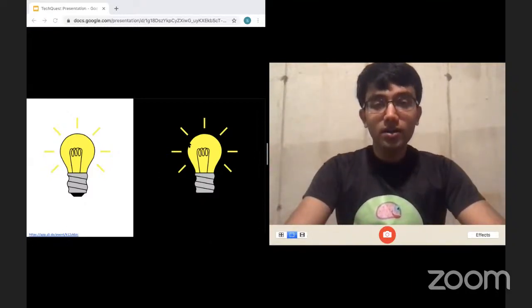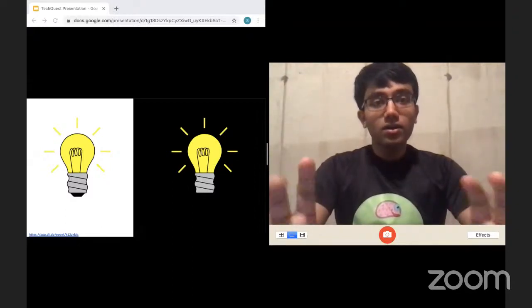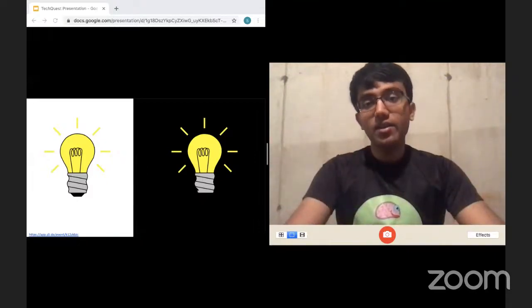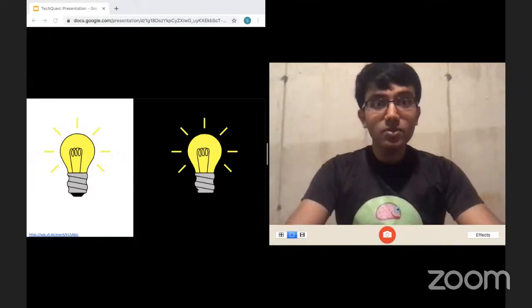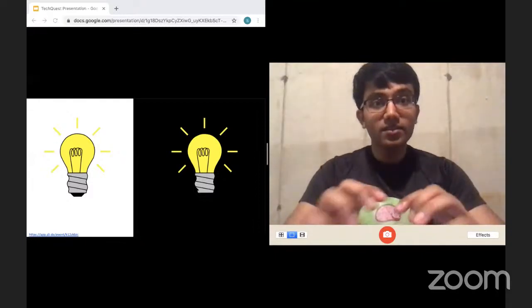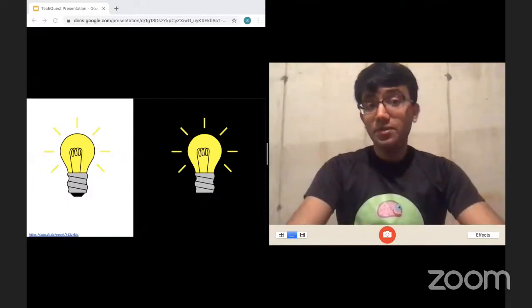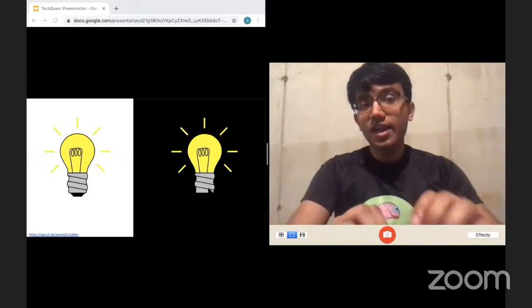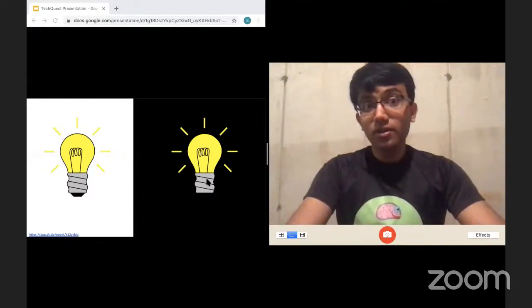In the dark, it looks super bright. So clearly, the things around the light bulb affect how we see the light bulb. Similarly, anything we see is affected by the stuff around it, and that's how optical illusions work. They manipulate the stuff around certain blocks, and that makes it look different when really it isn't.